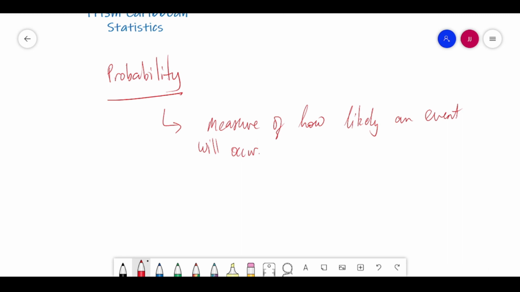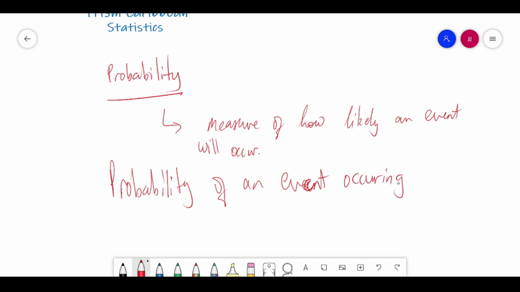So the probability of an event occurring is basically the number of favorable outcomes divided by the total number of possible outcomes.